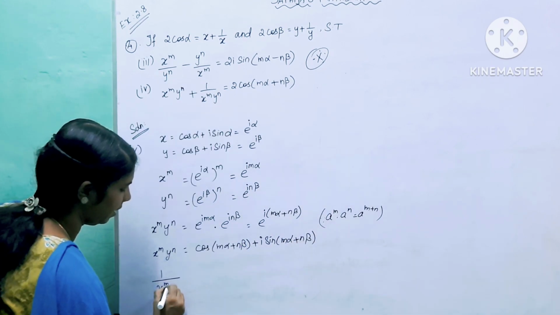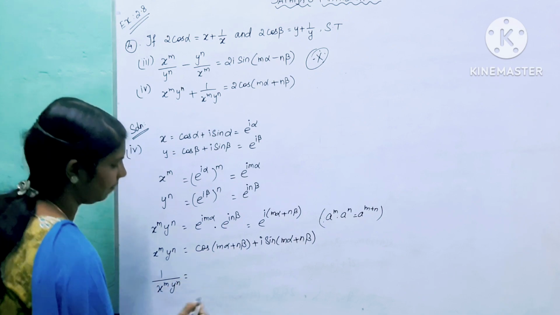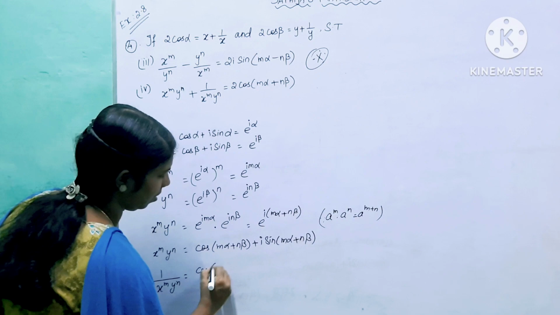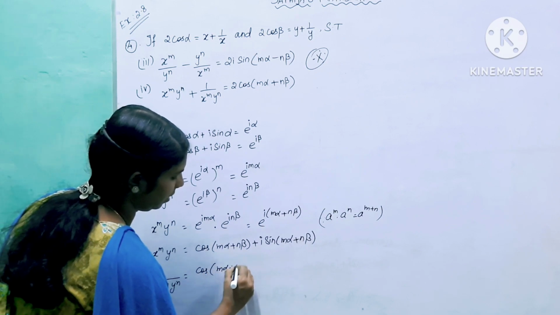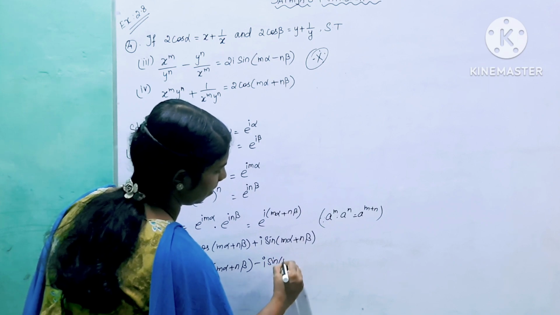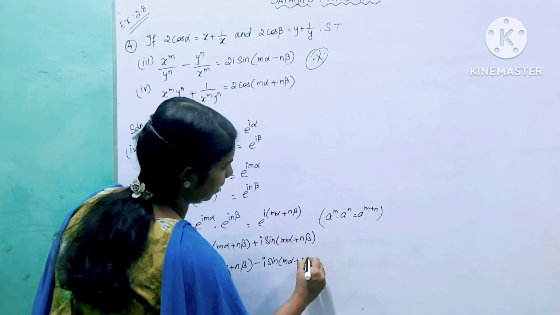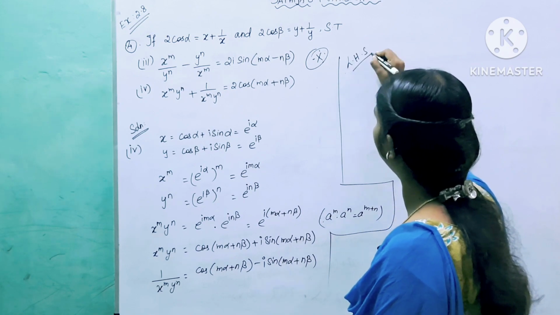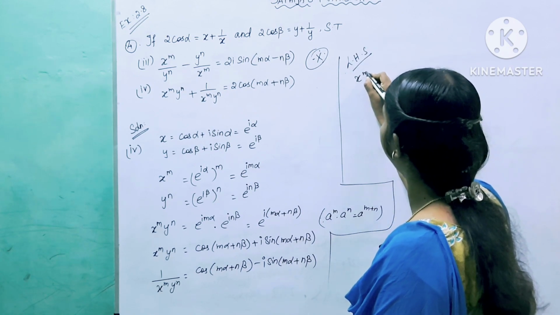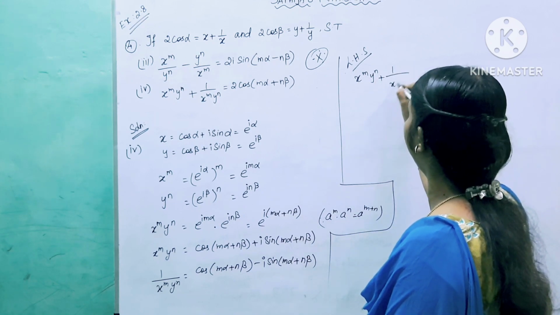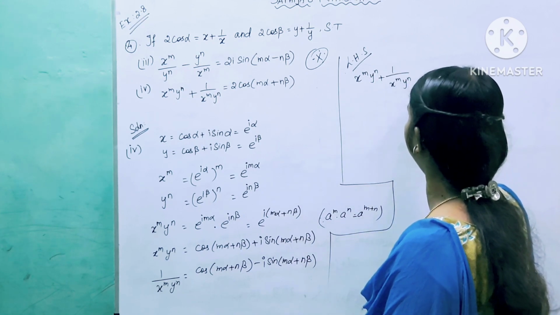1 by x power m into y power n we can write as the conjugate of this term. It is cos of m alpha plus n beta minus I sin m alpha plus n beta. Now our LHS is x power m into y power n plus 1 by x power m into y power n.